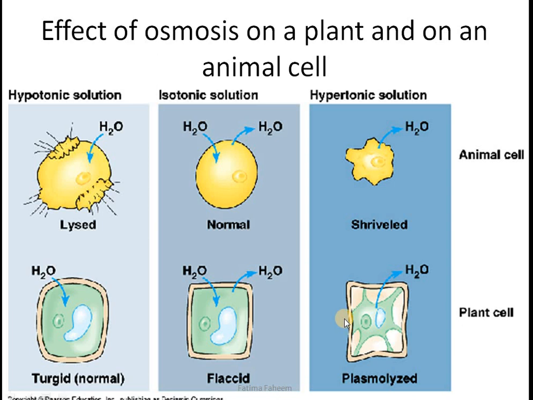This condition is called plasmolysis and the cell is called plasmolyzed. Plasmolysis is the shrinkage of cell cytoplasm away from the cell wall so that the overall size of the plant cell decreases. It becomes plasmolyzed.